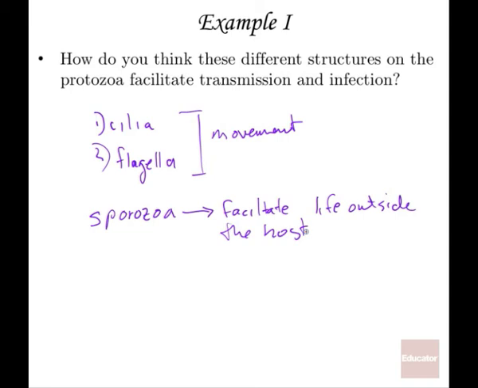Remember, these bacteria have those thick cell walls that keep the organism from drying out, keep the organism from contact with chemicals in the environment. These protozoa do not last as long as these bacteria, fortunately for us, right?